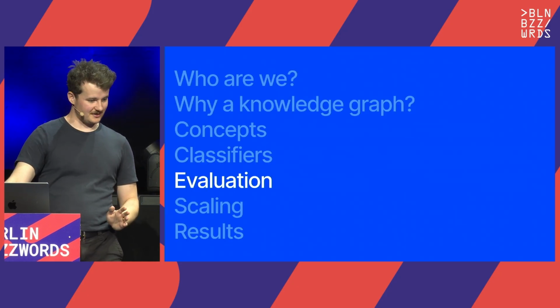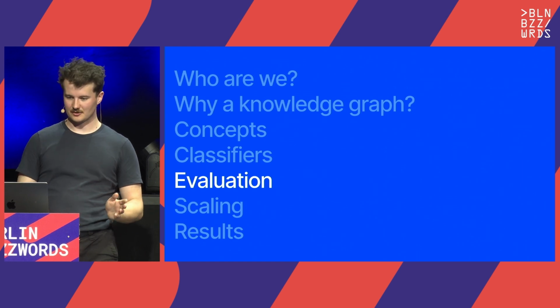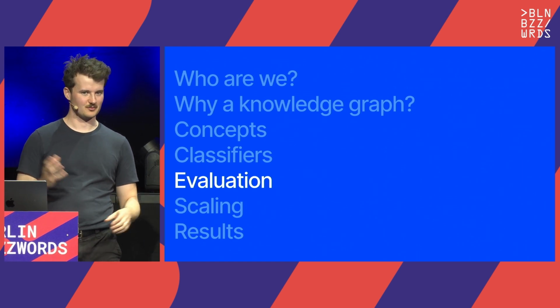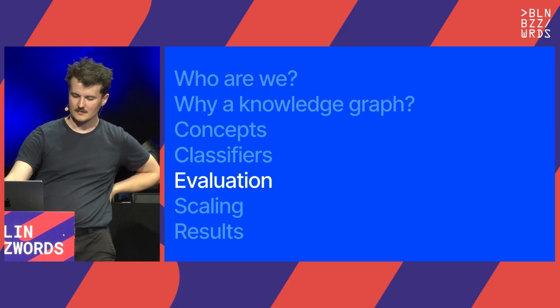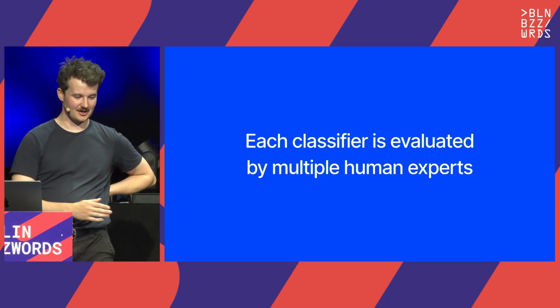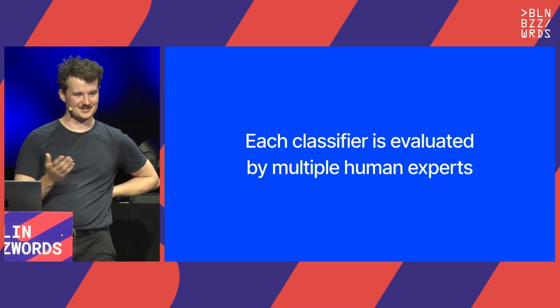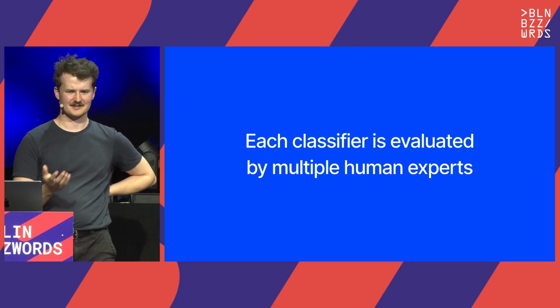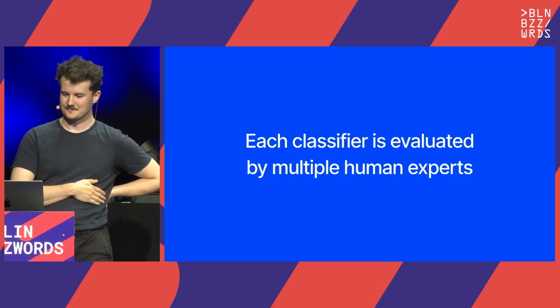So that's classifiers. Evaluation. How do we figure out whether these classifiers are producing reasonable results? It might surprise you to hear that, again, we rely on human expertise here. Again, we don't think that we can abdicate our responsibility for understanding our work to LLMs.